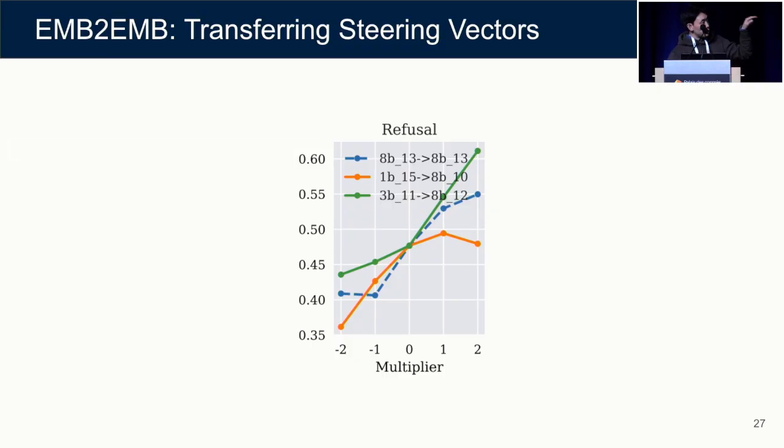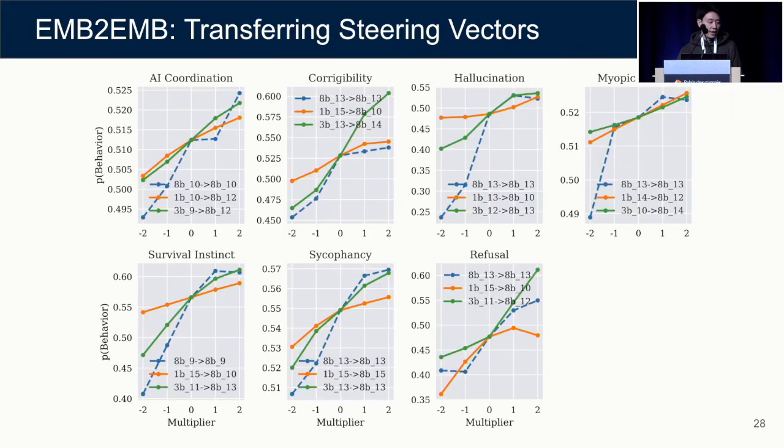And the blue dashed line is if we were to extract this steering vector from Llama 3 8B and use it to steer and intervene on the same model. Whereas the orange and green lines are if you were to extract the steering vector from a 1B model or a 3B model, transfer it to the 8B model, and then steer your 8B model. And you see a very similar trend. And you can see this across multiple concepts in the Llama family.